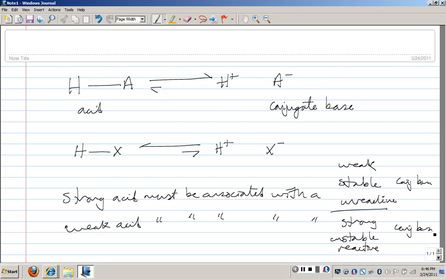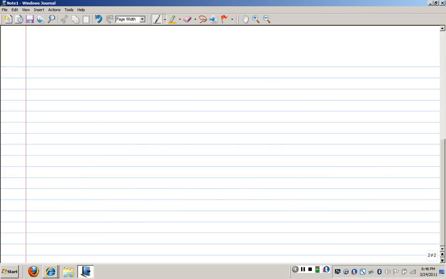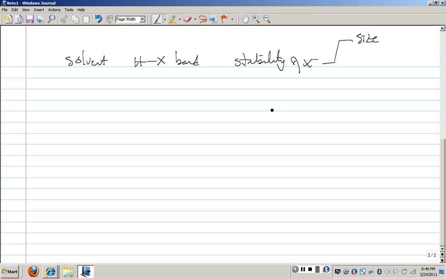Okay. So it means then that a major factor that affects the strength of an acid, and we've looked at lots already, the factors were the solvent, which we talked about. We looked at the HX bond. And the third factor really would be the stability of X minus. But we looked at that in terms of the size of X. We said that the bigger X is, the more dispersed the electron density is.